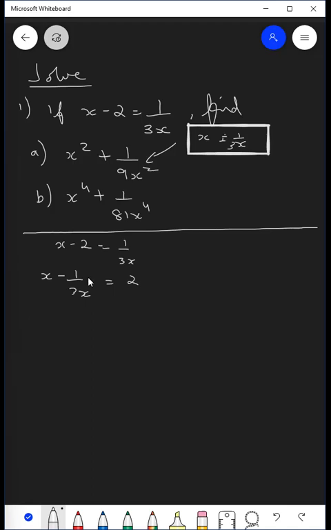So we already got this. Squaring both sides, what will we get? x squared plus 1 upon 9x squared minus 2 is equal to 4. Is equal to 4. Very good.